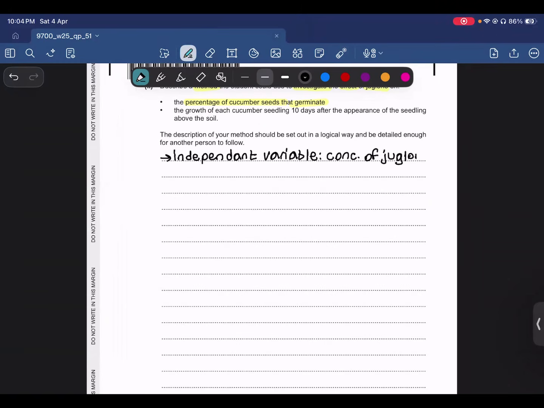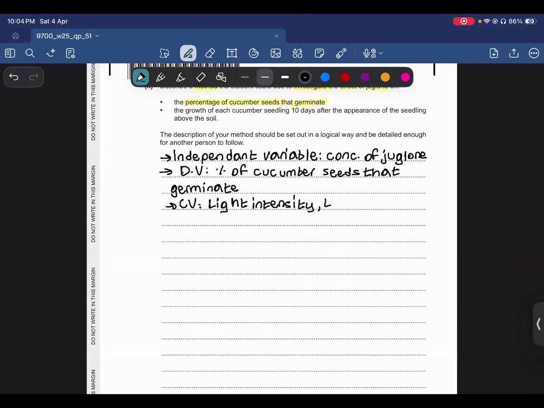Okay. And then for the controlled variables, they could be the temperature and the amount of light, so the light intensity. And I think the type of seeds maybe, or the size of them. And how we can control all of these: for temperature, I think we could use maybe a heat shield or something.